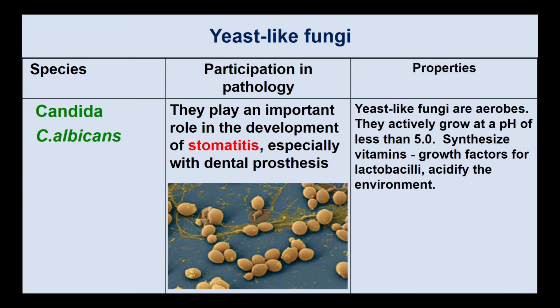That's why it acidifies the environment somewhat directly and indirectly stimulates the growth of lactobacilli. Besides indirect participation in caries, it also plays a role in the development of stomatitis, especially with dental prostheses.